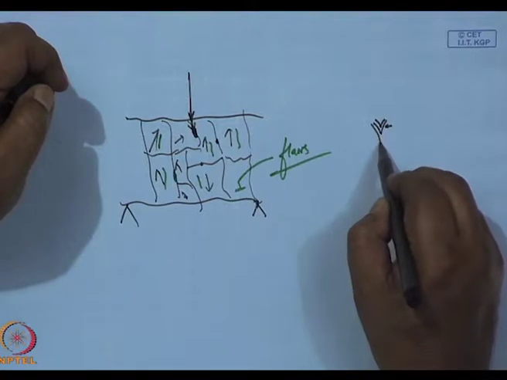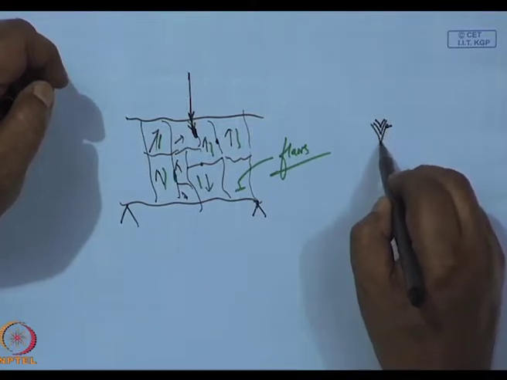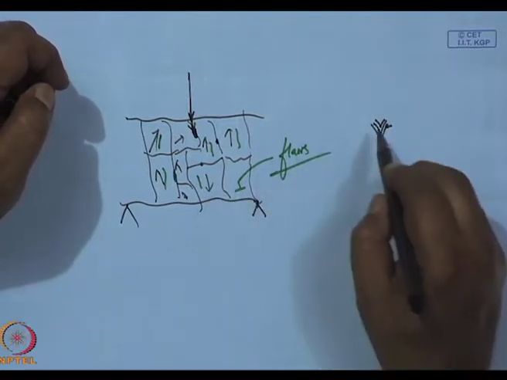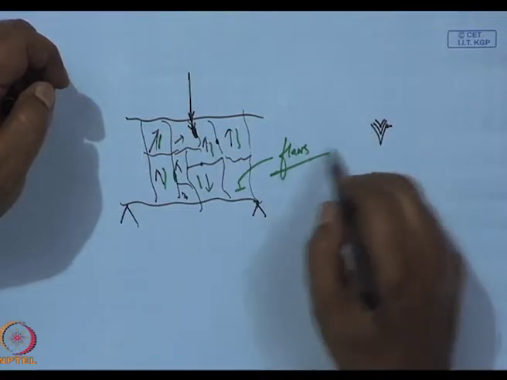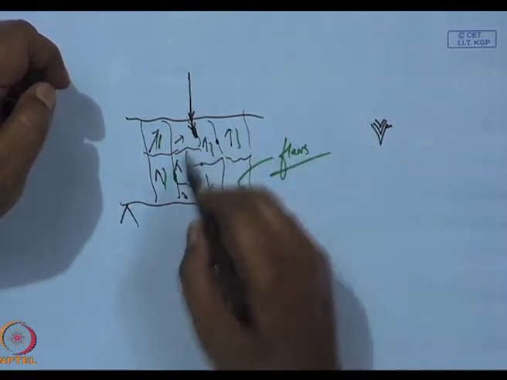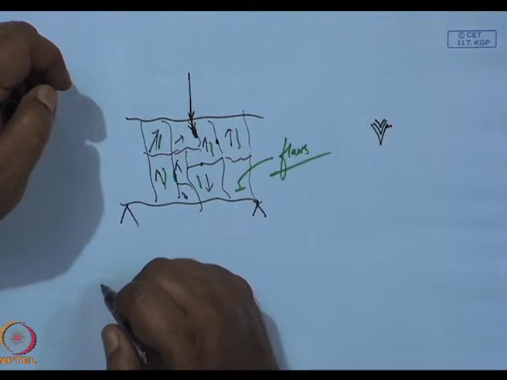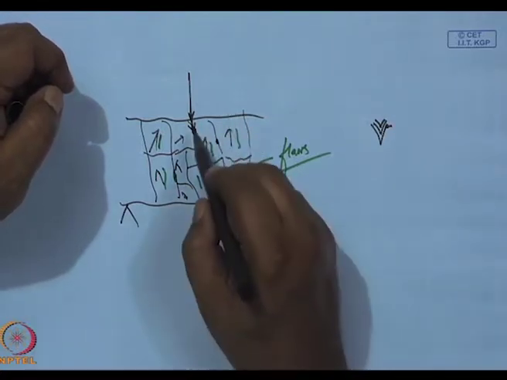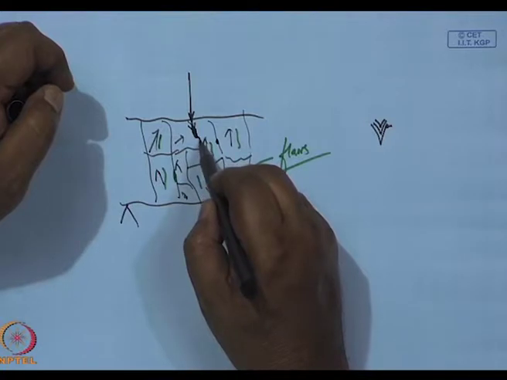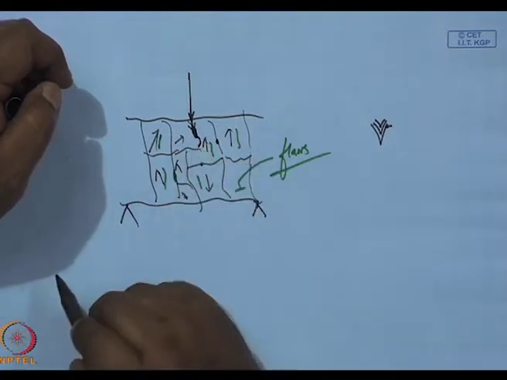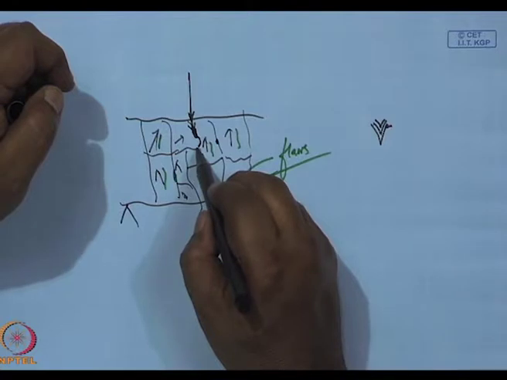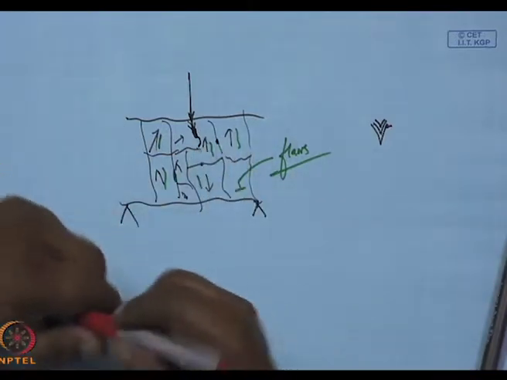It keeps on propagating and the crack proceeds. Here in this diagram, the crack started with this flaw, then starts proceeding over here. Here it encounters a grain boundary.